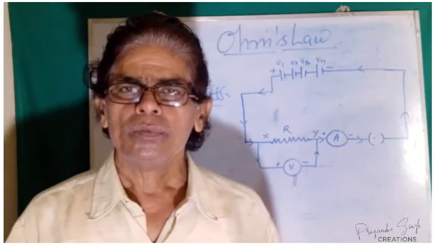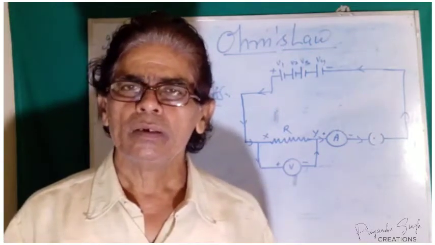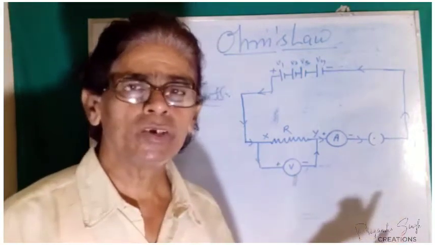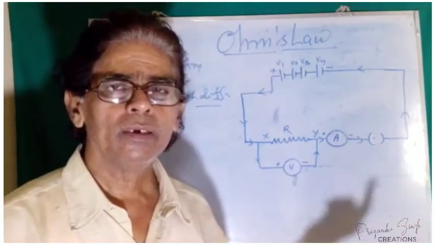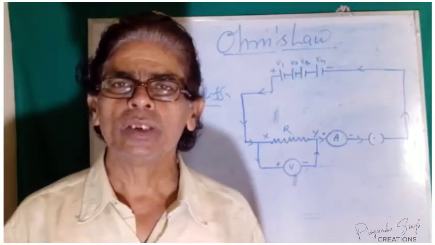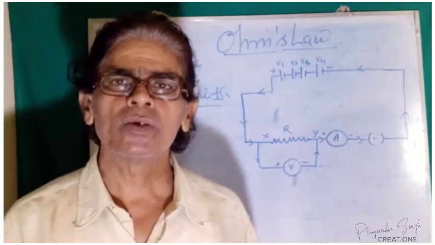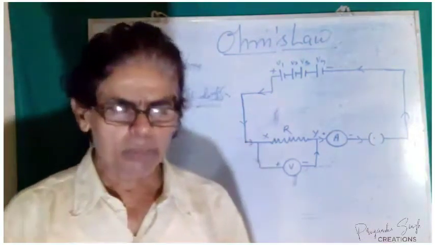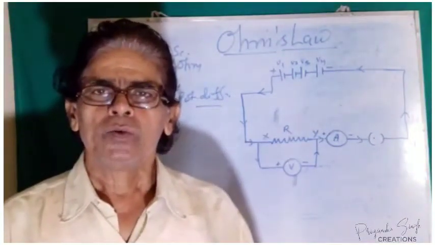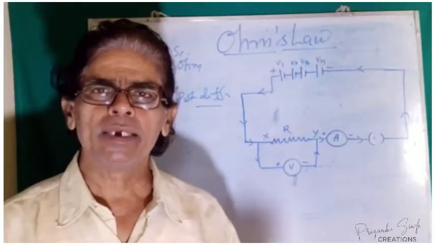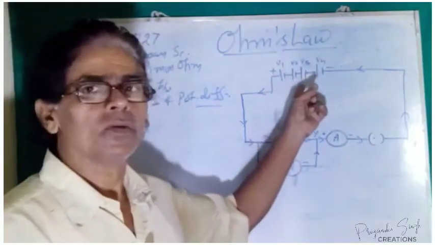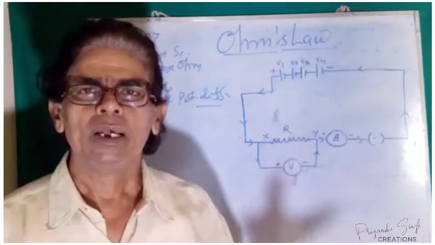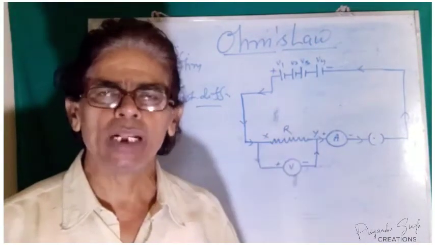Now V1 is the potential difference across the resistor XY, and I1 is the current strength passing through the circuit, which is measured by the ammeter. Suppose two cells are connected in series in this circuit to have a battery of two cells.